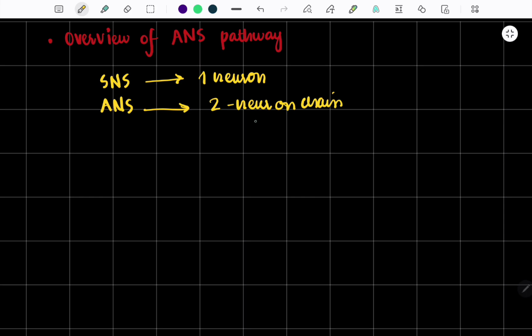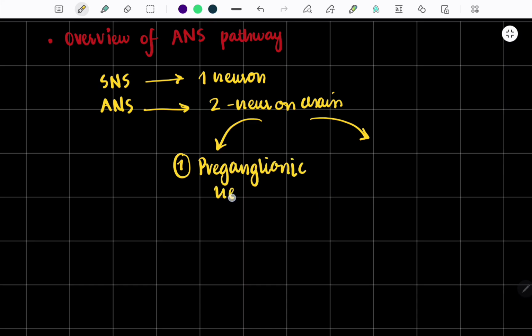It means that the ANS basically uses two types of neurons, the preganglionic neurons and the post-ganglionic neurons.